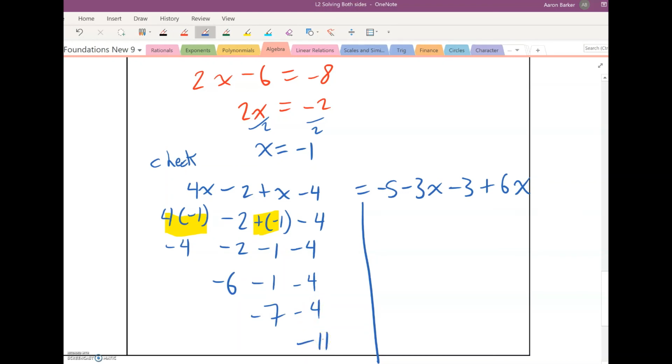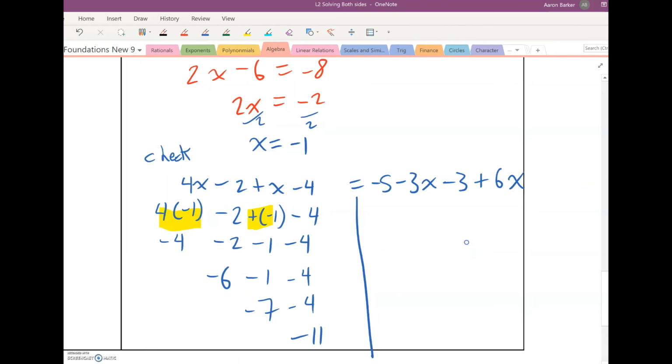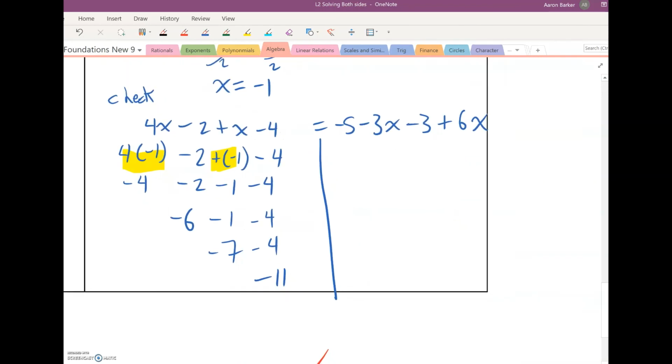Now let's get to work on the right side. You're welcome to do them at the same time. It doesn't matter. I personally like to go left side, then right side, or vice versa, rather than back and forth and confuse myself. So I substitute in -1 minus 3 plus 6 times -1. Then I'm going to do BEDMAS, so -5 plus 3.